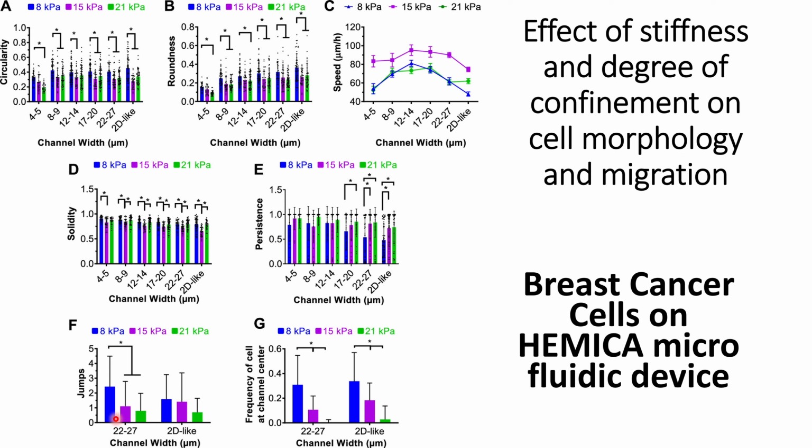So they have examined the cell guidance at around 20 to 27 micrometer width, and this 2D-like structure is more than 22 micrometer width. They can see that there are large jumps in the case of the low stiffness gels, around 8 kilopascal, compared to the other cases. This is evident that cells do not follow this contact guidance path when there are less stiff gels.